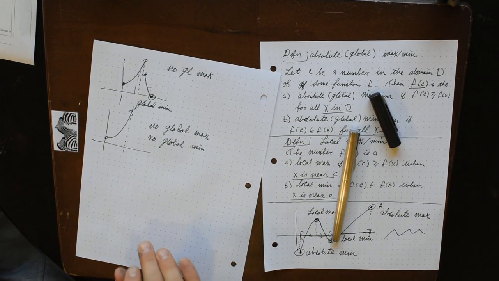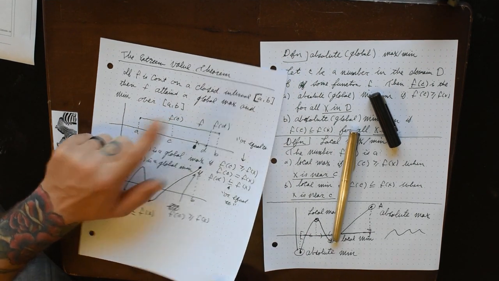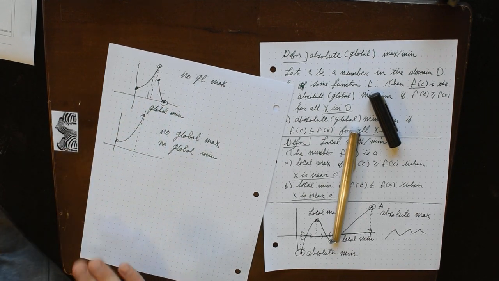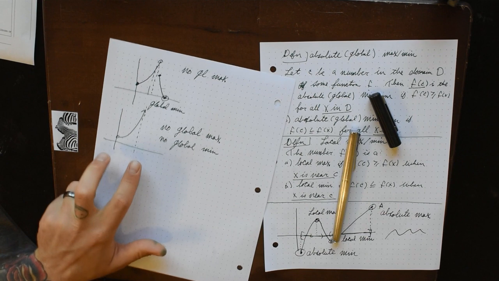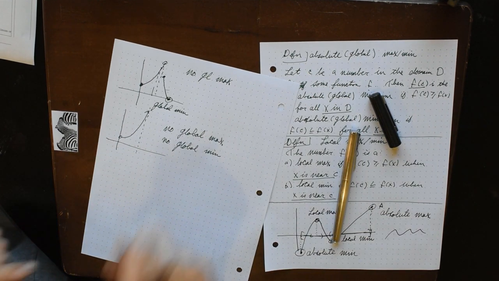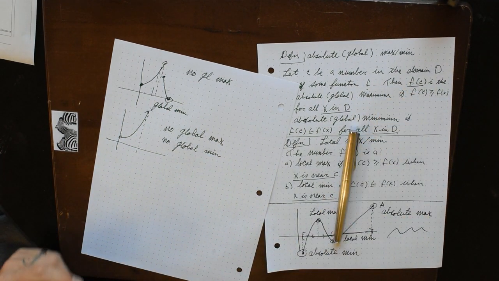So our theorem is talking about functions that are continuous on a closed interval. We're not continuous on a closed interval, so our theorem doesn't tell us anything about this function. And we're continuous, but just not on a closed interval, so once again, our theorem doesn't tell us anything about that function. We've got another theorem by Fermat.